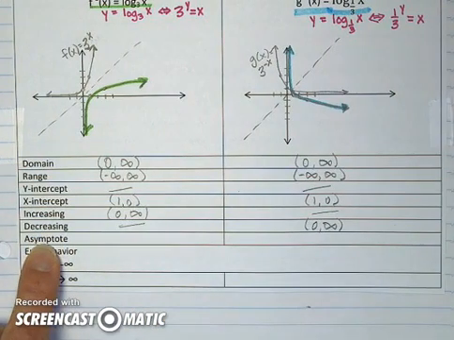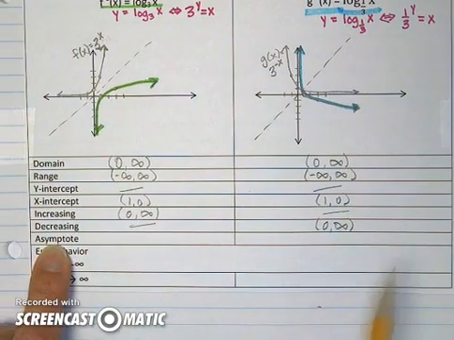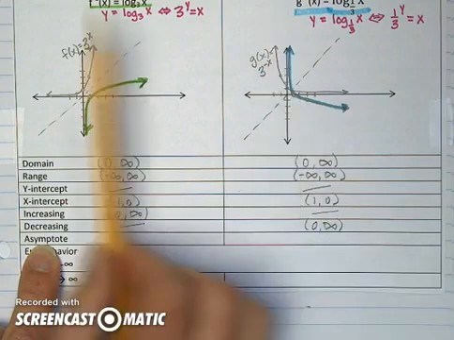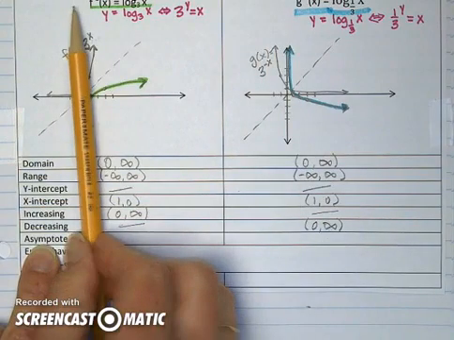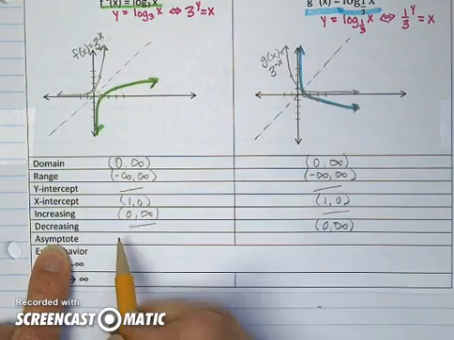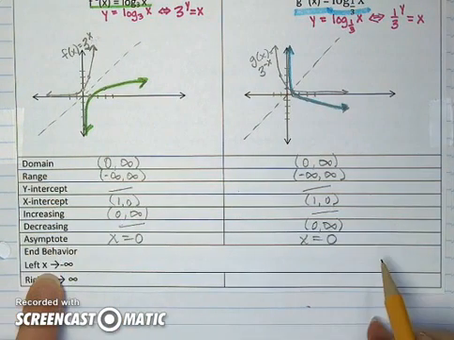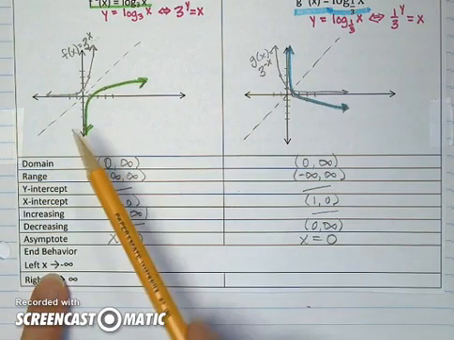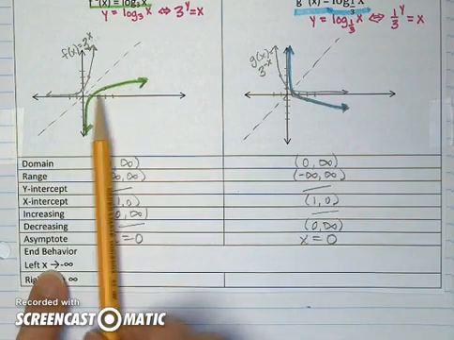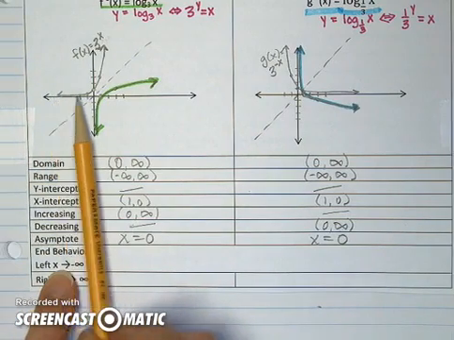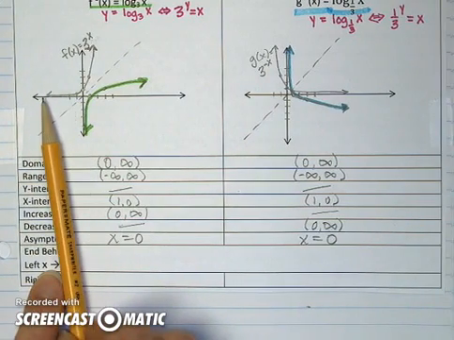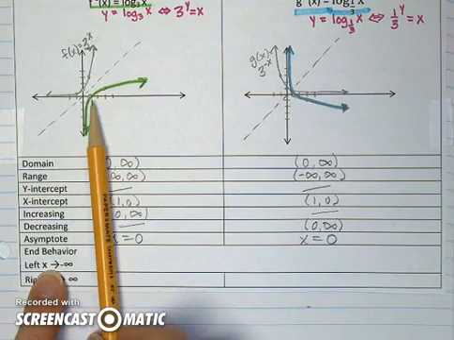The asymptote, which we already spoke about, is now x equals 0. Okay, x equals 0. And the end behavior. So the limit here, let's look at the growth. The limit as x is approaching negative infinity, here on this side, the left limit, would be what value?